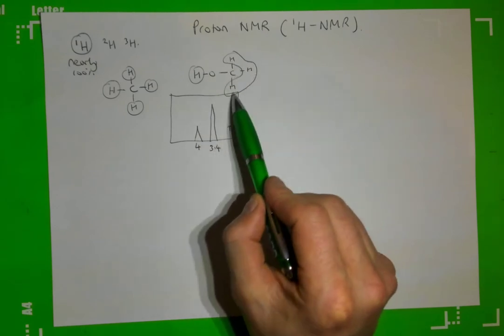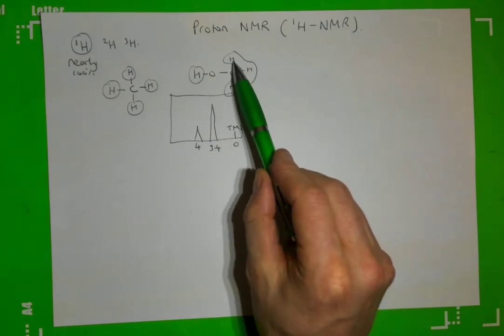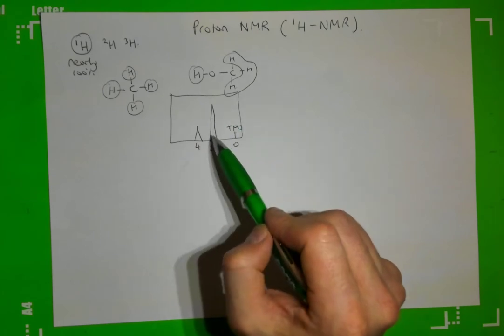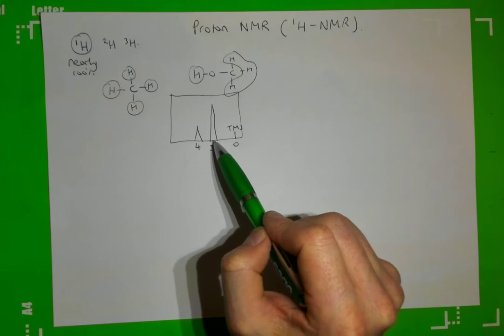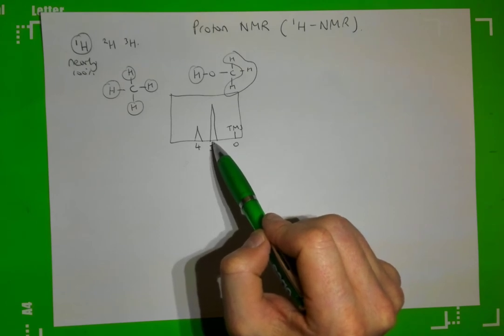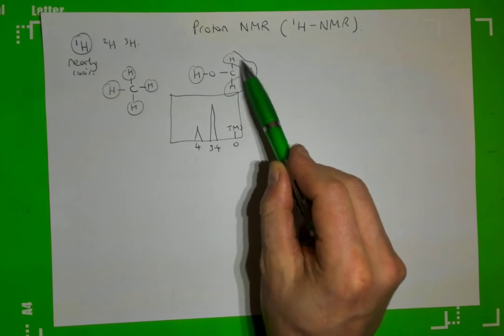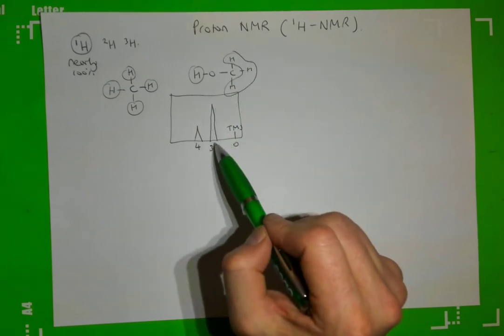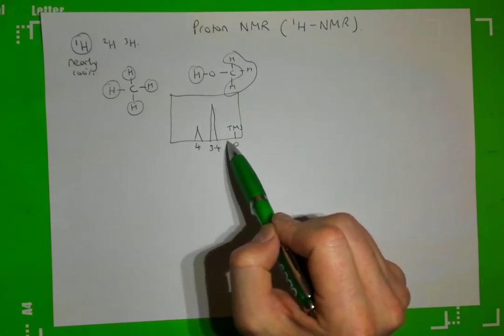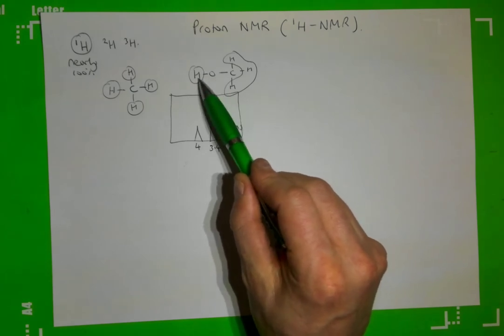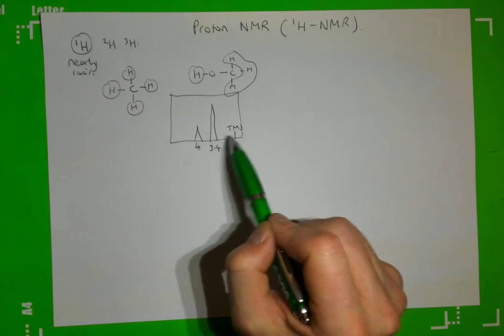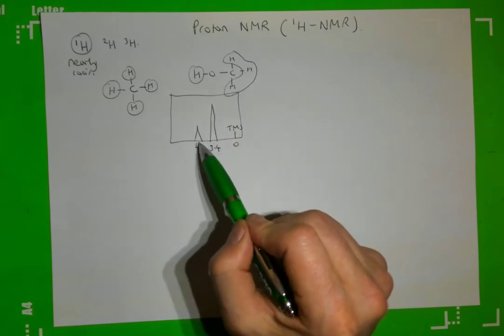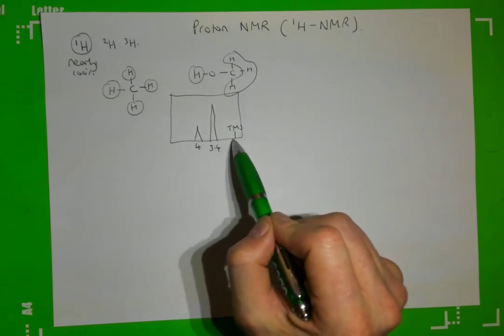And this hydrogen environment here corresponds to this peak. So in general, the further away a hydrogen atom is from an electronegative atom, the smaller the chemical shift. So these hydrogen atoms are quite far away from this oxygen, so they have a small chemical shift. And this hydrogen atom here is directly bonded to the oxygen, so there's quite a big difference between that and the chemical shift of that one.